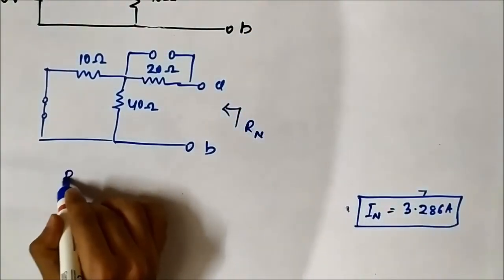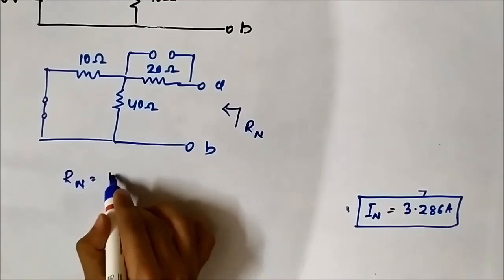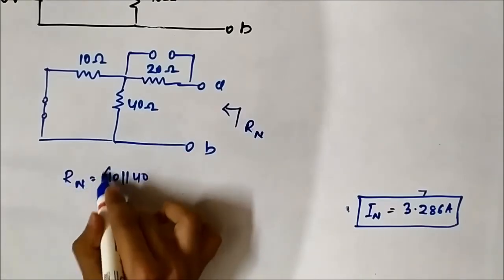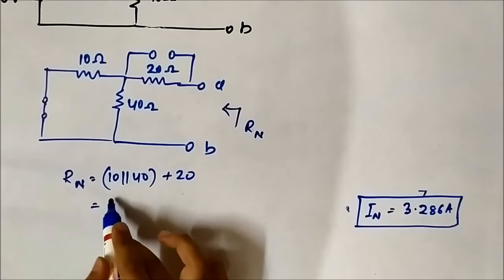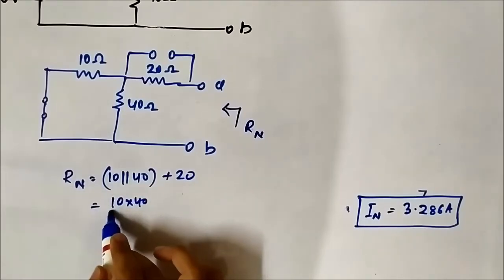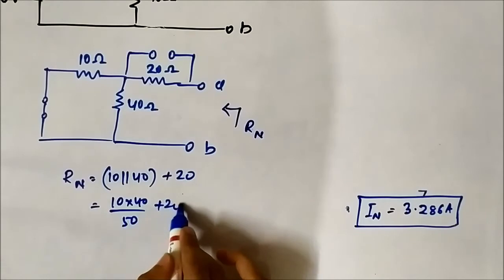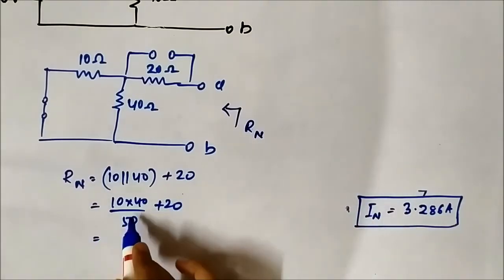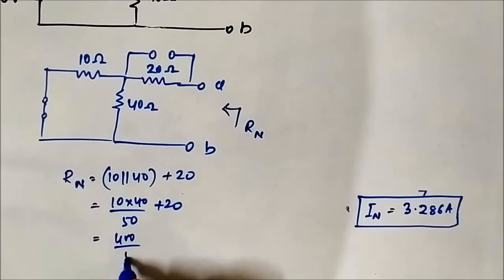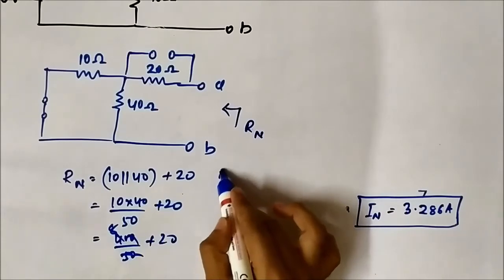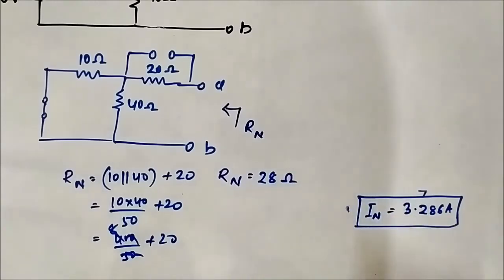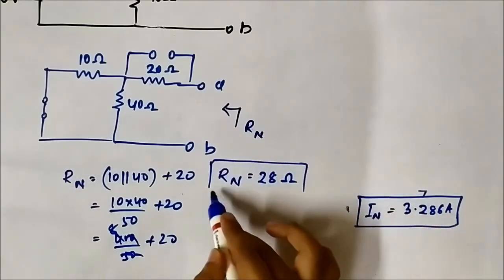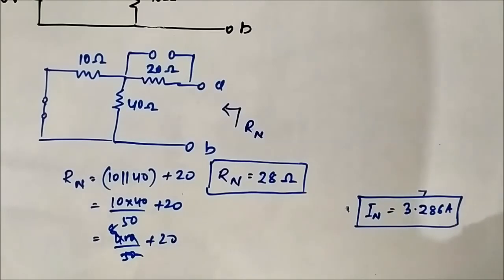So Rn will be 10 parallel 40 plus 20, which is equal to 10 into 40 by 50 plus 20, which is equal to 400 by 50 plus 20. 400 by 50 is simply 8. So Rn is equal to 28 ohm. Rn is 28 ohm. In is 3.286 ampere.